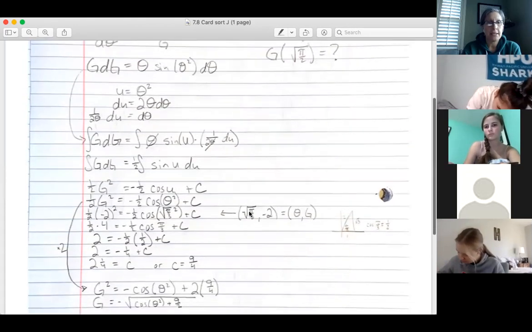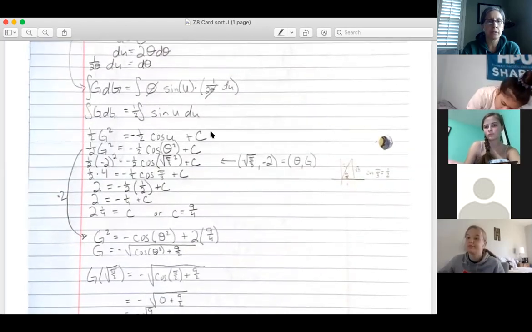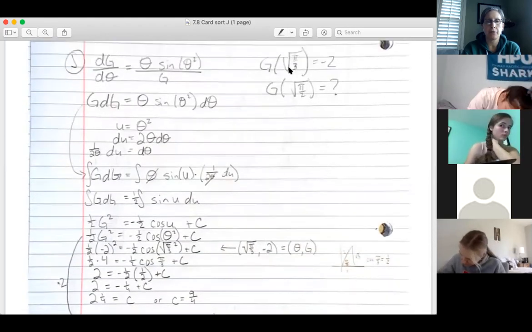So then I put the theta squared back in for u. And then I took that initial condition that I copied down from here originally. I wrote this because I knew it wasn't super clear.